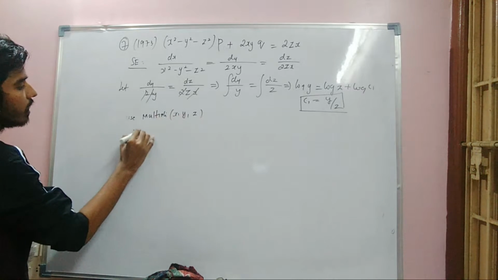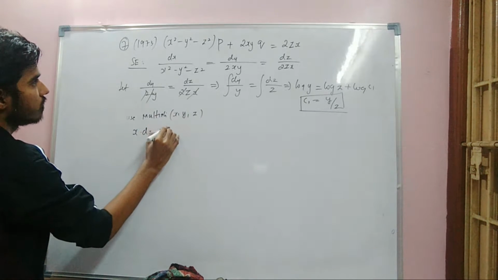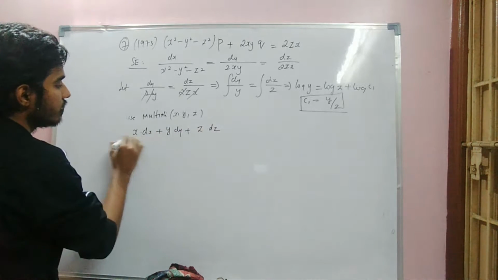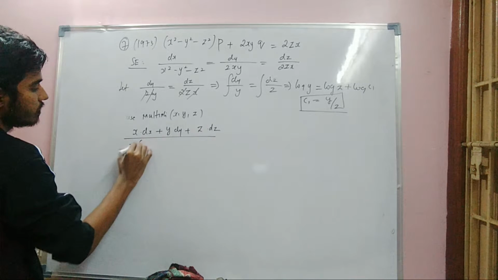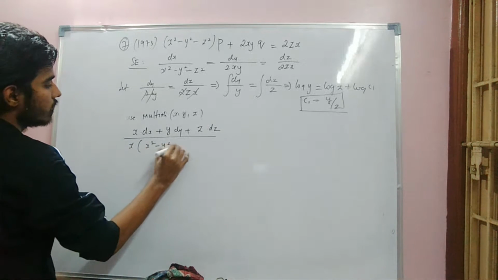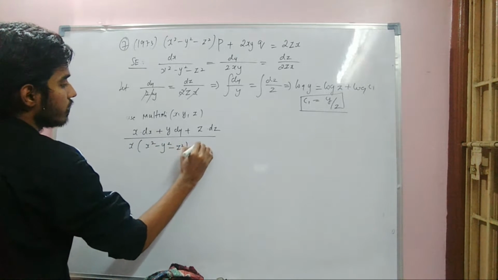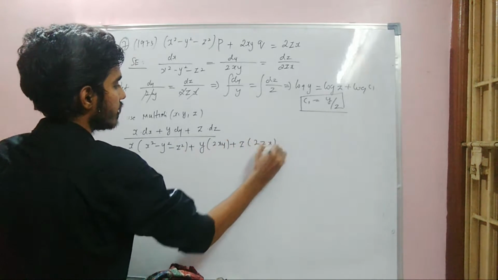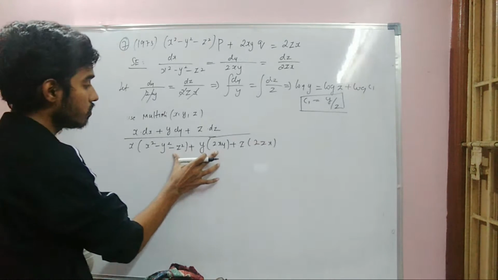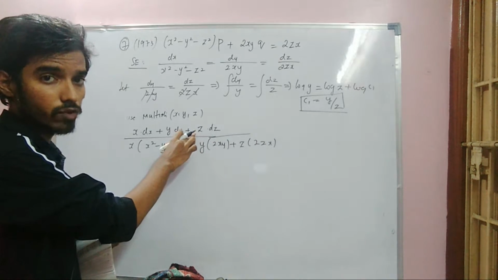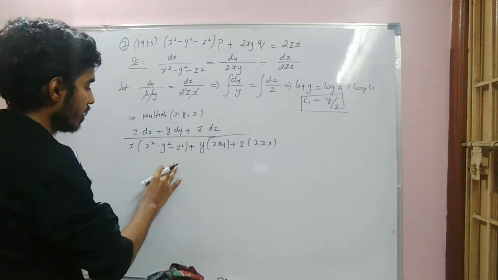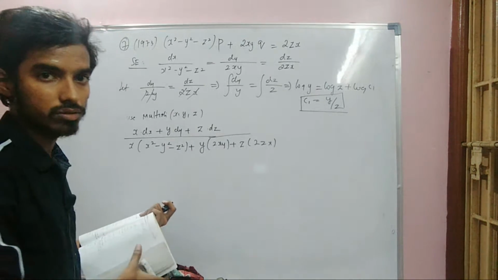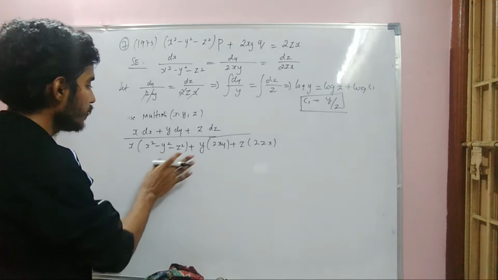So if we do that, we will have x dx plus y dy plus z dz divided by x into x square minus y square minus z square plus y into 2xy plus z into 2zx. If this is equal to 0, then this will be a solution. Integration of the numerator will be a solution. But the worst case is, here the denominator is not equal to 0. But anyway, we are going to use this.